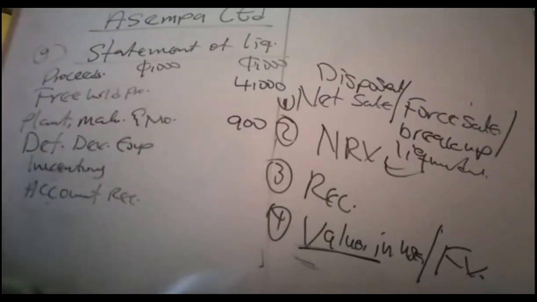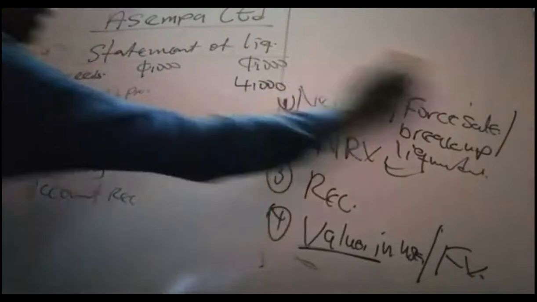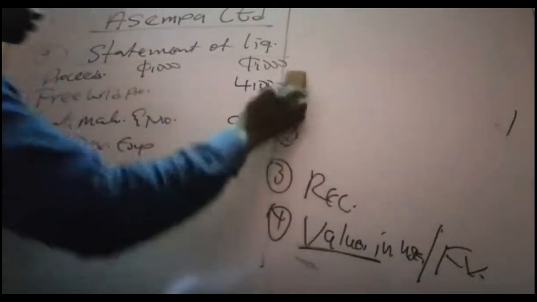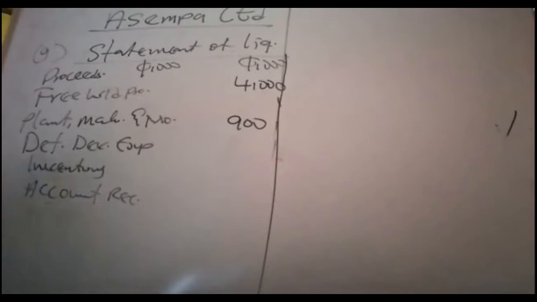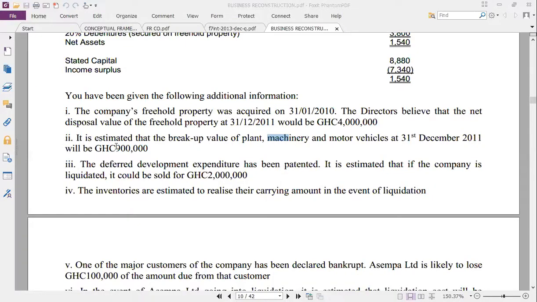The next item on the list will be the deferred government expenditure that has been patented.